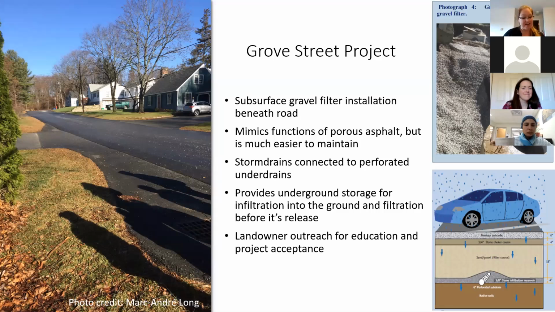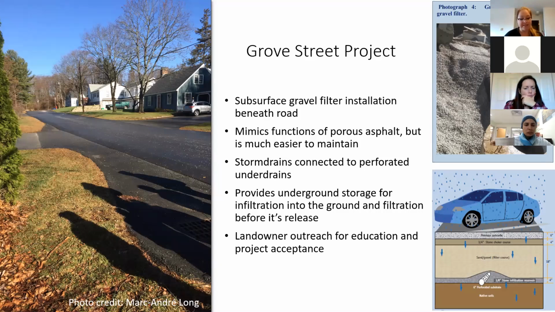It's an innovation because this project was developed to be a subsurface gravel filter underneath this residential road. The city of Dover lacks the equipment to maintain a porous asphalt system, which we will see further down. So they developed a system that mimics the porous asphalt using underground storage, a subsurface storage and filtration system that's connected to catch basins.